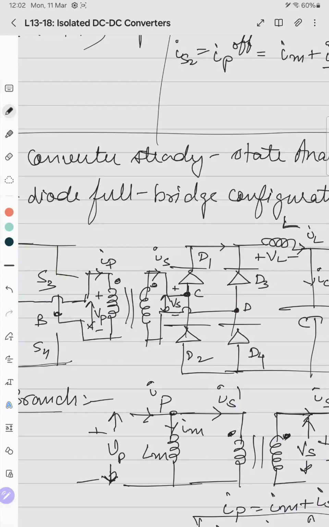So the diode will allow current only in one direction. And also here this is IS, so this has to be IS. So it is like this for the positive direction. So it is written from this branch. This is IS on. This is IS on.